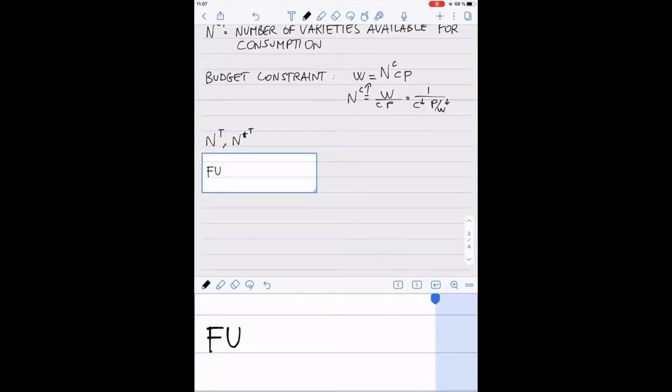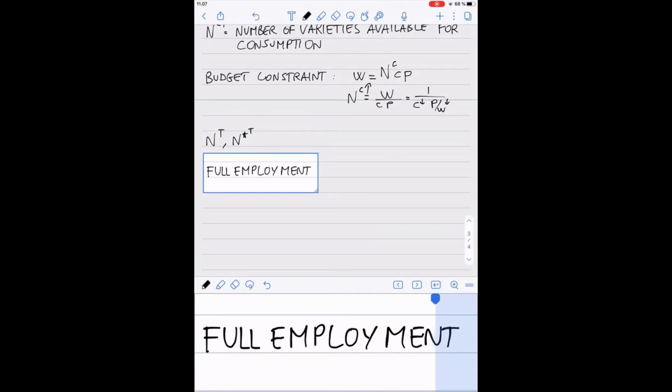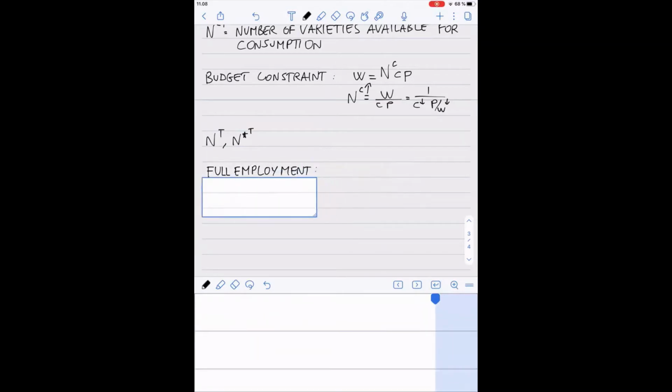So from the full employment condition, recall that the full employment condition was equating the total number of workers in a country, L, to the total labor demand. So all firms, say N_T, were demanding beta Y workers for the variable production costs and alpha workers.